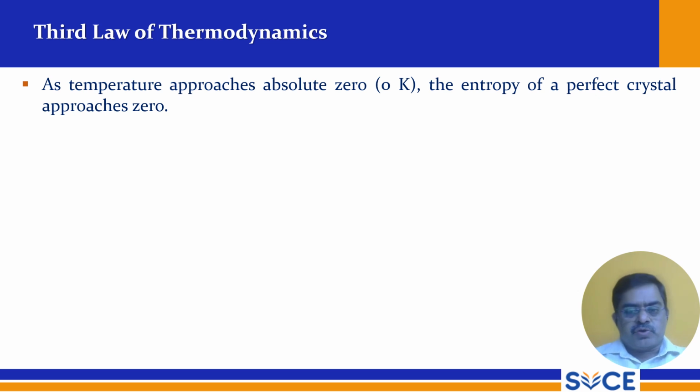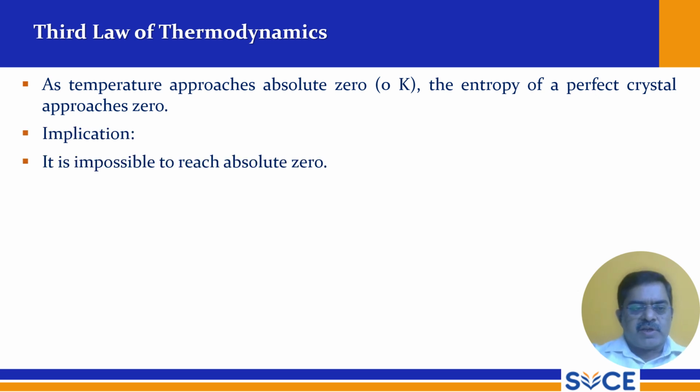It is the absolute zero law. As an example, with ice, when it reaches 0 Kelvin, it becomes solid, and the entropy reduces to zero. So that is the third law of thermodynamics.